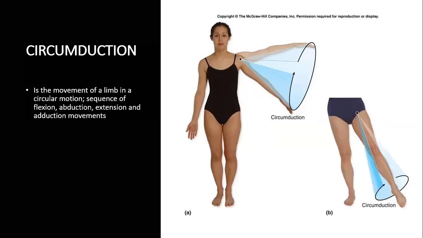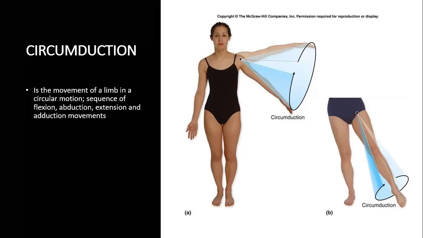There's another special movement that's known as circumduction, and this is a circular movement. You'll see this movement at the shoulder and at the hip. This is a non-planar movement, which means that it's actually going through all the planes. Circumduction is a movement that combines flexion, abduction, extension, adduction.